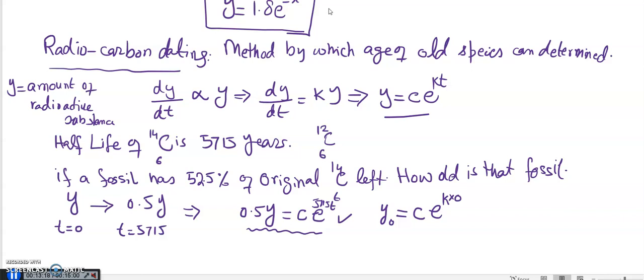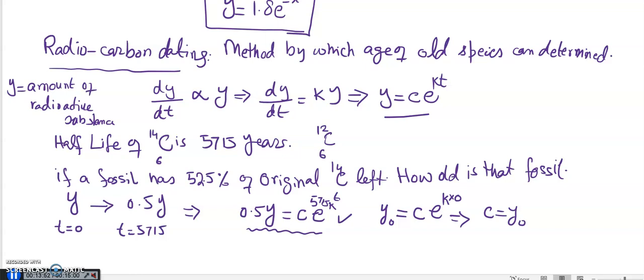In fact, let me make some correction over here: it should be e power, the value of t was 5715 k. But from here what we can find is that the value of C is equal to y0, because e power 0 is 1, so this term will be 1, and then C will be equal to y0.